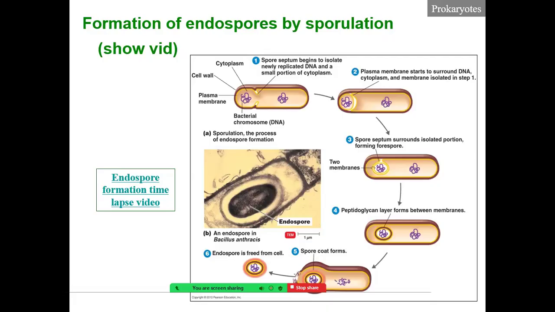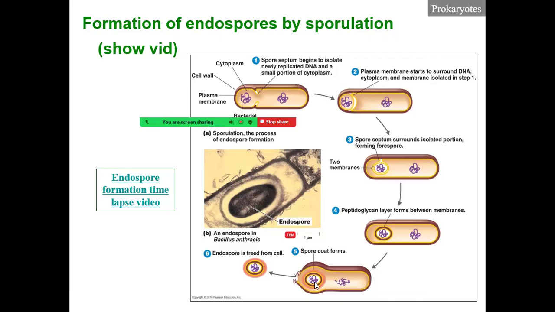And then a peptidoglycan layer forms between the two cell membranes. The spore coat is then put on the endospore, and now the endospore can survive harsh environmental conditions, and the parent cell will eventually die. When the parent cell dies, it releases the endospore. Any question about any of that?